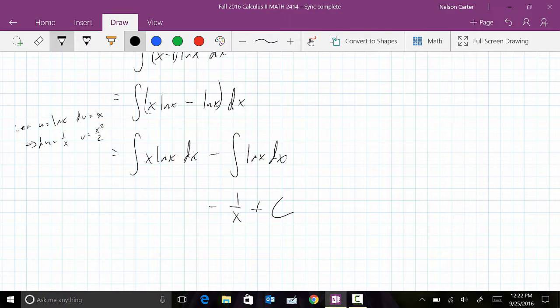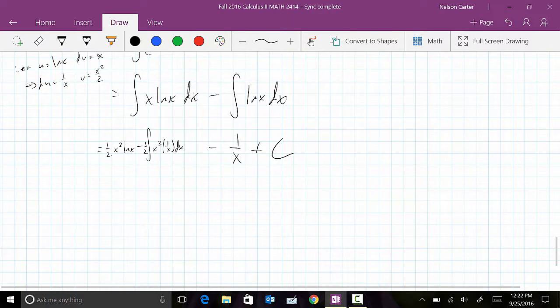Okay, so now this part is going to equal u times v. So the 1/2 and then x squared and then the ln of x, and then minus the integral of v du.